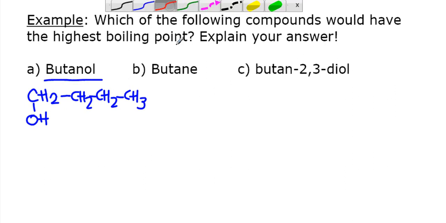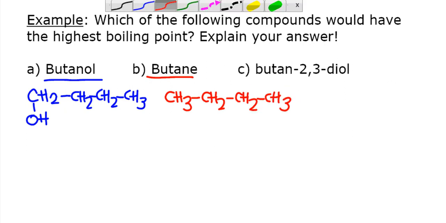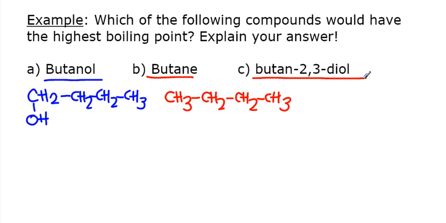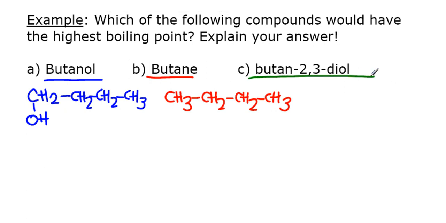Next, let's draw butane, a 4 carbon alkane. Then our last one, we just saw this. Let's make that a different color. There we go. So this one is also an alcohol.